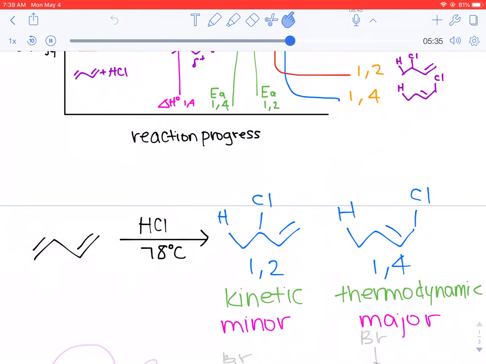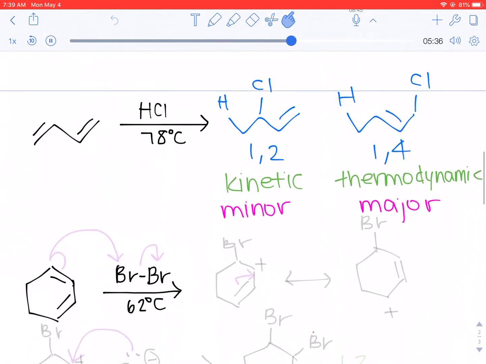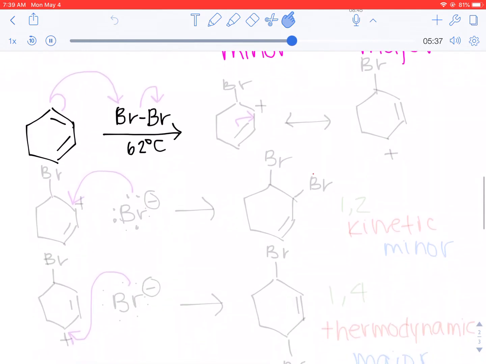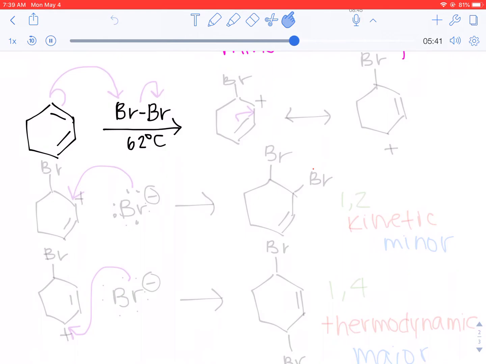Now that we know how to perform an electrophilic addition reaction, we can perform the same reaction on 1,3-cyclohexadiene using dibromine and 62 degrees Celsius conditions, which means heat is being added. Just like in the last example, the pi bond will be used as a nucleophile and will attack bromine, which will then give the rest of the electrons to the other bromine.